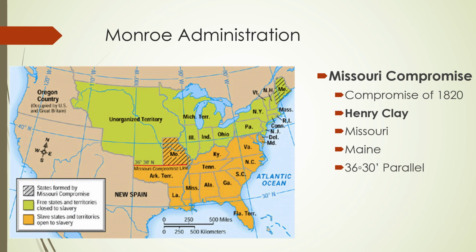So basically, this has to do with the Missouri Territory, and there's a lot of important things here, and I'm going to try to not ramble on too long about them, but there's a few things that are very important about this situation, okay? The Missouri Territory wants to become a state. Missouri wants to become a state.